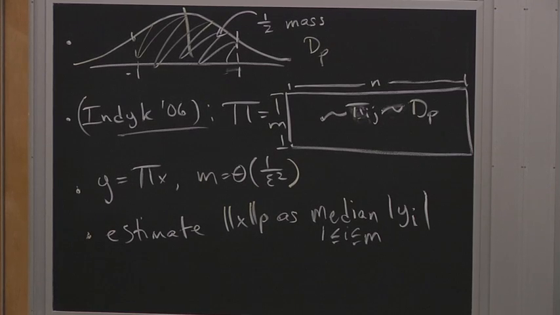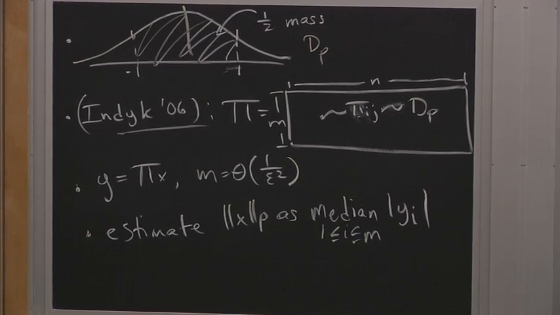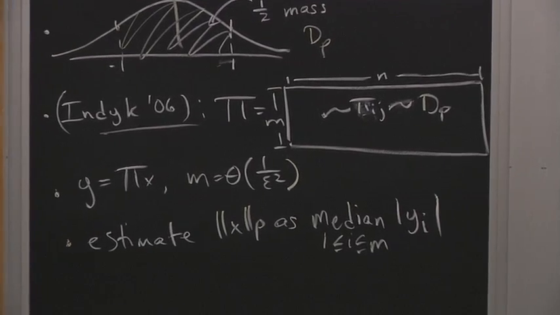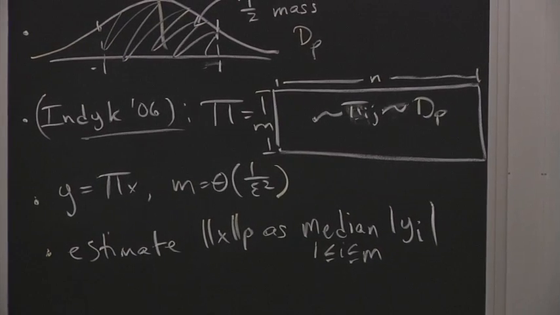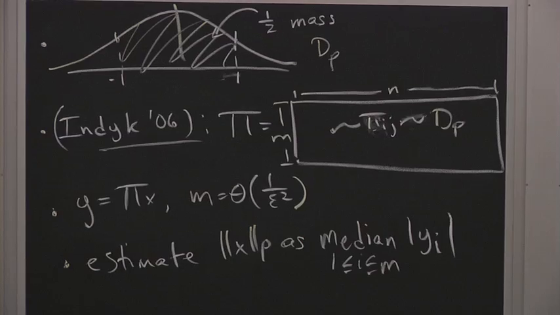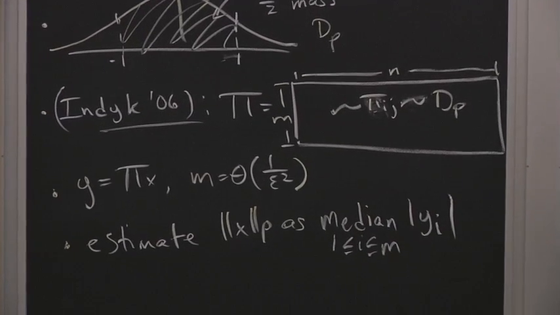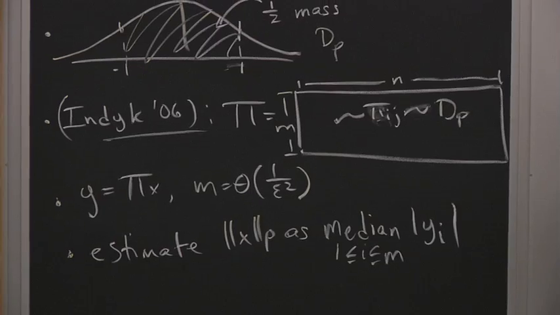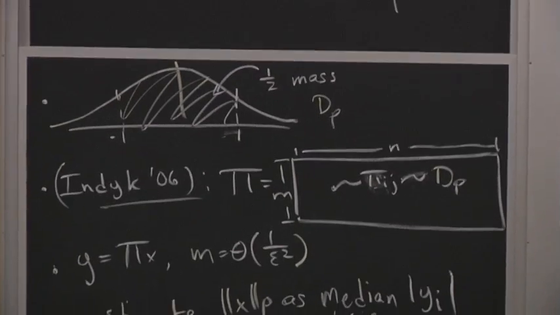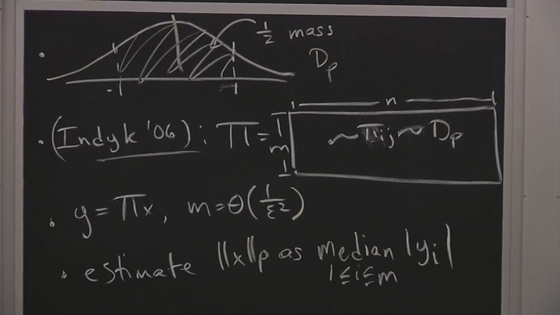That's what we talked about last time, and now I want to analyze it. Any questions about what the algorithm is? Okay. So let's analyze this algorithm. Let me just set some notation.